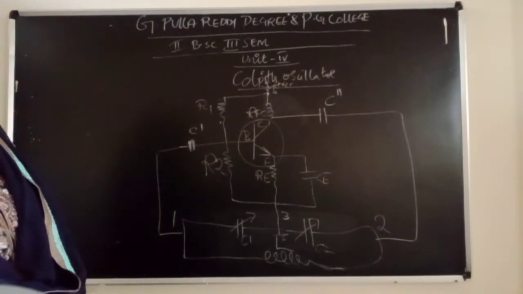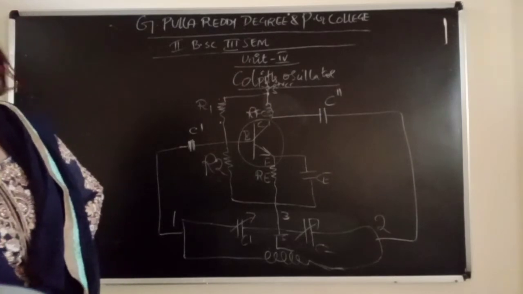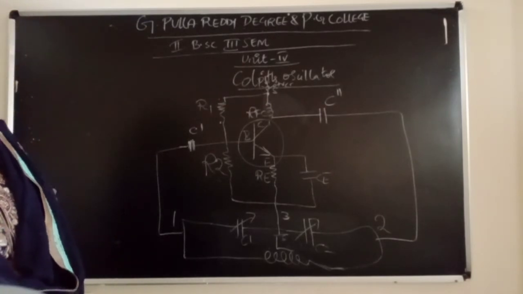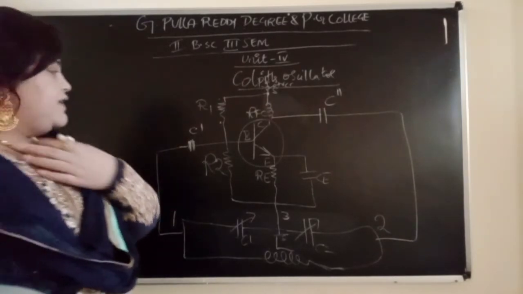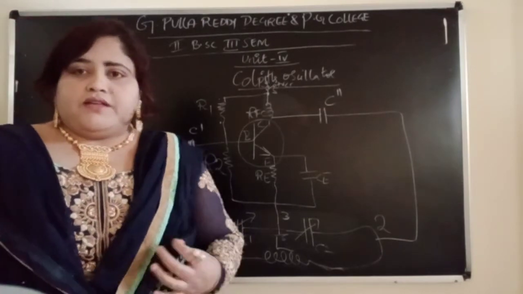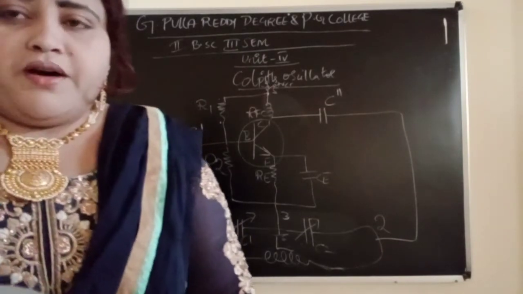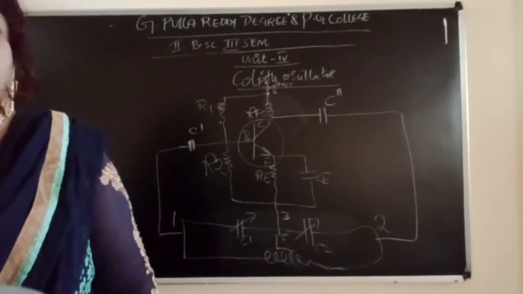You can see the diagram, because if you see the diagram, then only you can easily learn about the Colpitts oscillator. If the diagram is not perfect, you cannot get the marks.